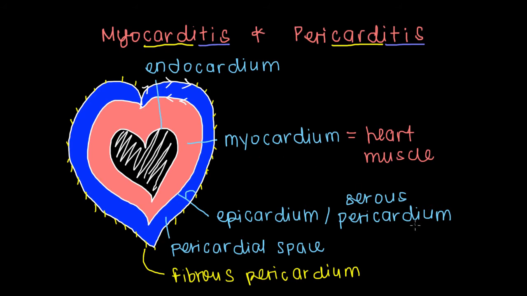On the other hand, the pericardium, the serous pericardium, which is the main thing we talk about here, is the outer lining of the heart. And if there's an infection or some other inflammatory process of the pericardium, that would make it even more stiff.